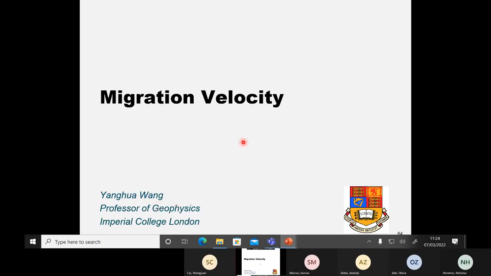Okay, for migration, I already said there are two research directions, but the third one is velocity. I already said that the migration result depends on the velocity model. So I always say the third research direction is, if any of you can propose a migration algorithm without the velocity.